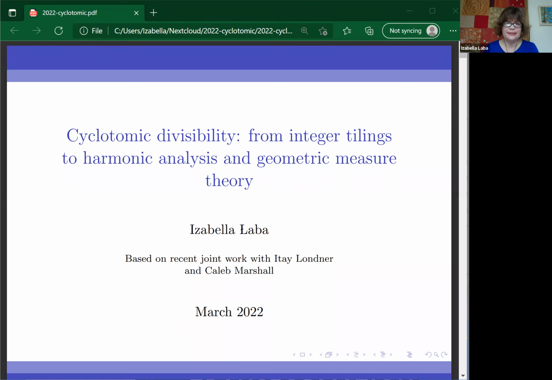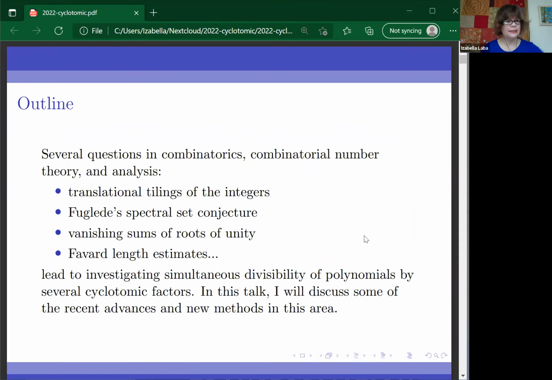I'm going to talk about some questions involving cyclotomic divisibility. Basically, there's a whole range of questions that involve many different problems. You could talk about integer tilings. You could talk about something called the Favard length in geometric measure theory.